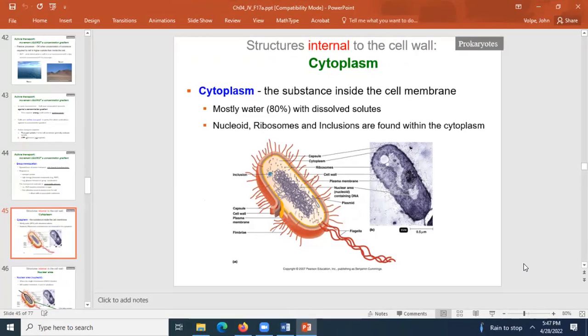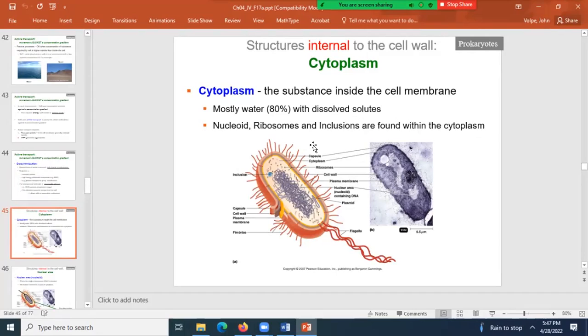The cytoplasm is mostly water, 80% water with dissolved substances in it, and we call these substances solutes. This could be DNA dissolved in the cytoplasm. It could be glucose, it could be sodium chloride, it could be any of those solutes. But there are things dissolved in the cytoplasm.